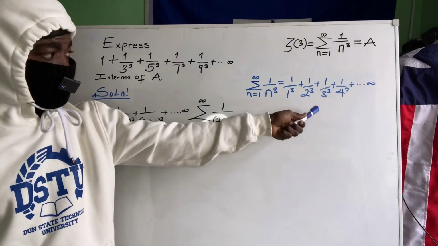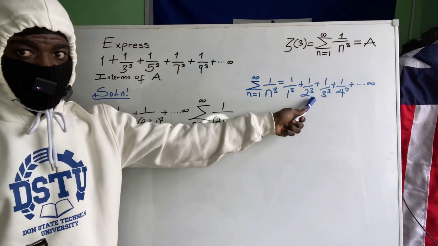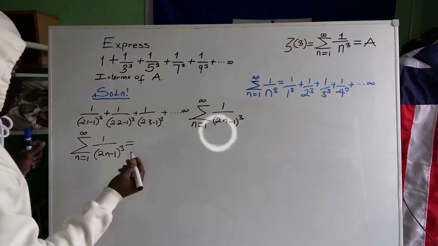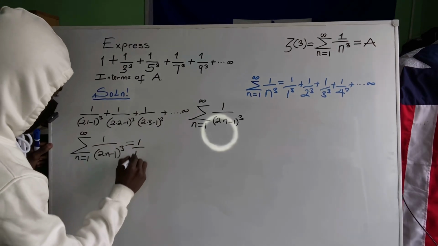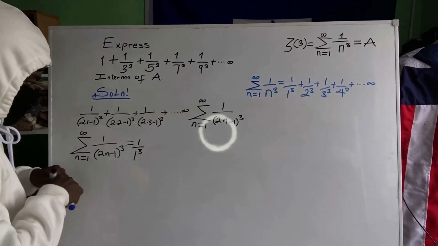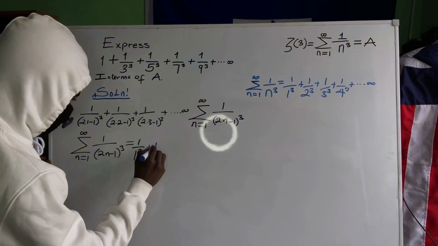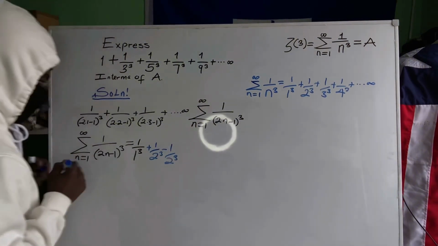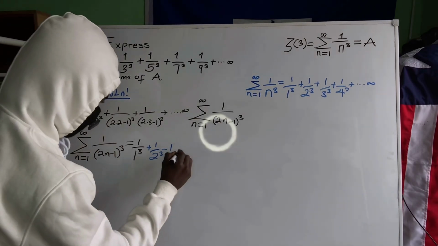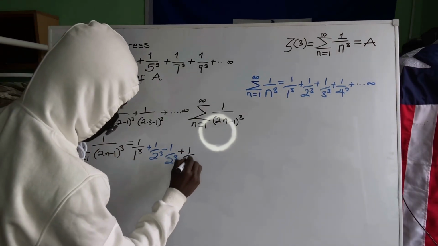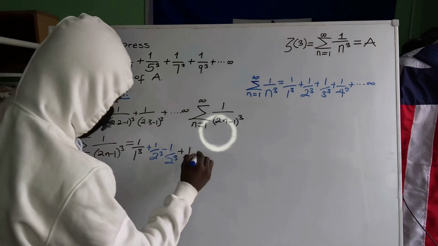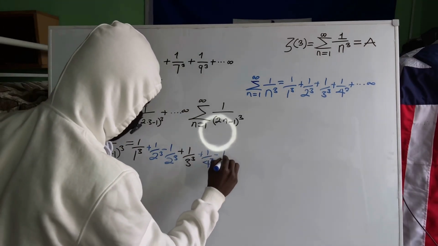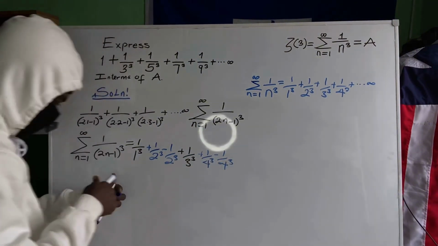the even terms, the positive value of the even, and subtract the same even value. So this is what I mean. We have 1 over 1 cube and plus 1 over 2 cube minus 1 over 2 cube. Next, we have 1 over 3 cube, and we say plus 1 over 4 cube minus 1 over 4 cube.